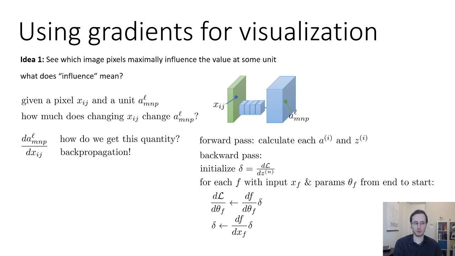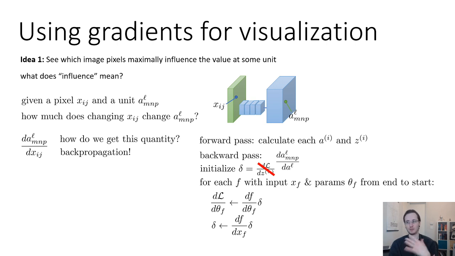So all we have to do in order to get backpropagation to quantify this influence is to initialize delta a little differently. Instead of putting a loss function on the last layer, we'll initialize delta at the layer L that we want to be the derivative of the unit we want with respect to the values at that layer.